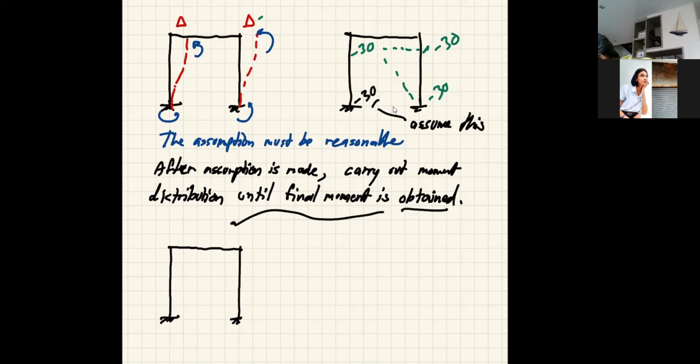Let's say the final answer here is minus 24.4. This is minus 19.4, 19.4, 19.4, minus 19.4, and of course, minus 24.4 here as well.